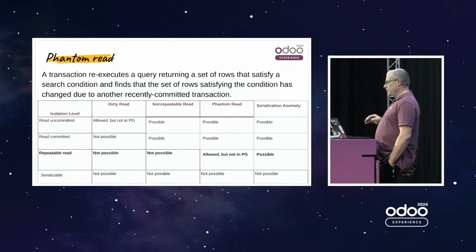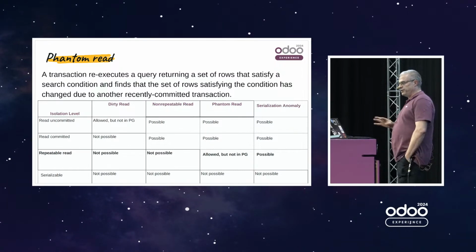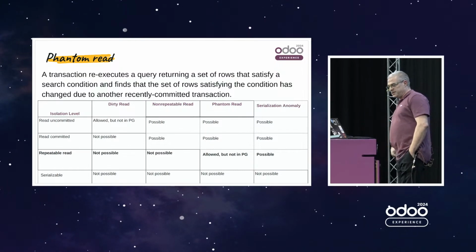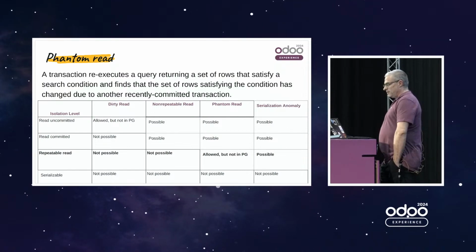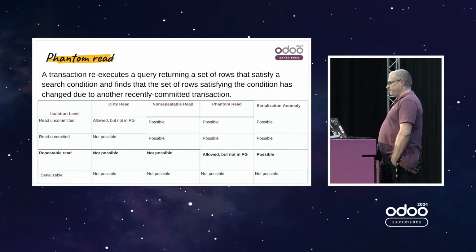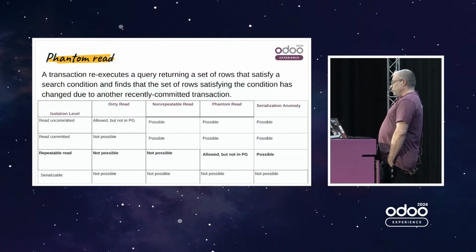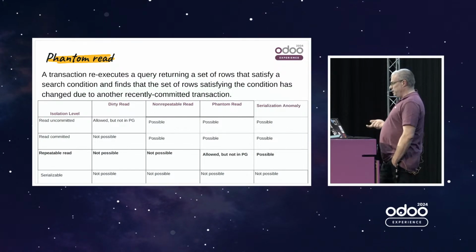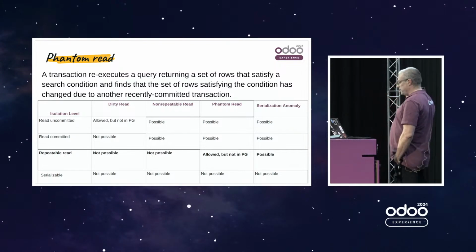You have 4 disgusting situations when you read data from databases, and the one which is key is phantom read. Due to the way repeatable read is implemented in PostgreSQL, it's not possible to face the phantom read.